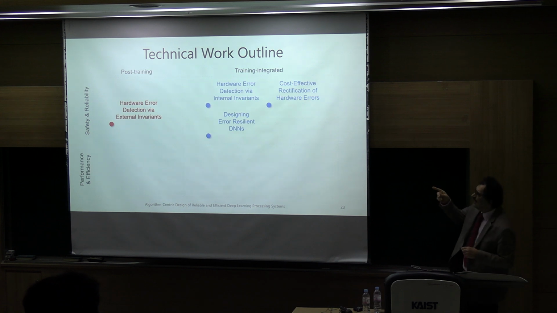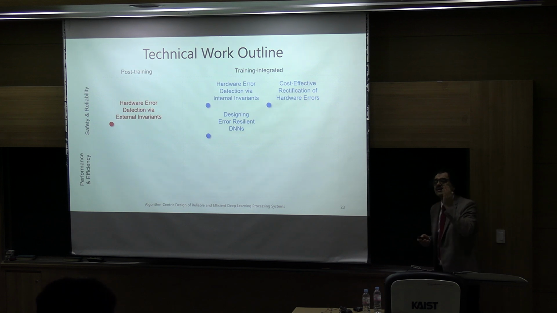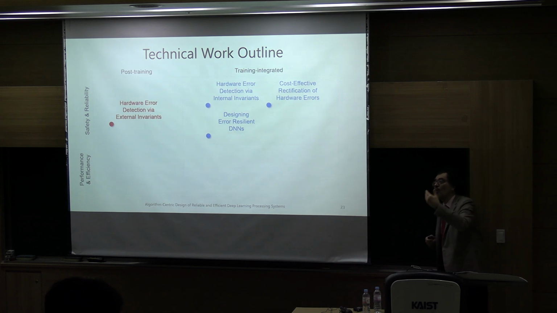And the proactive method is to reduce vulnerability of the system before you do anything. And this has to do with designing error-resilient DNNs. So you want to design them in such a way that even if faults happen, the faults will not really have an impact on what you are going to be doing, instead of correcting the errors once the errors have appeared, which is more the perspective of these top guys over here.